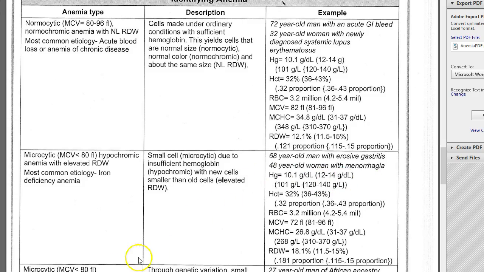So again, if we're dealing with iron deficiency anemia, or any microcytic hypochromic anemia with elevated RDWs, most commonly it's going to be iron deficiency anemia. You can also see it in chronic blood loss.